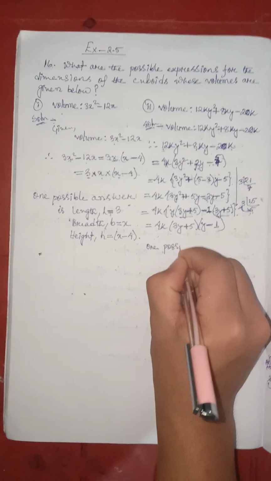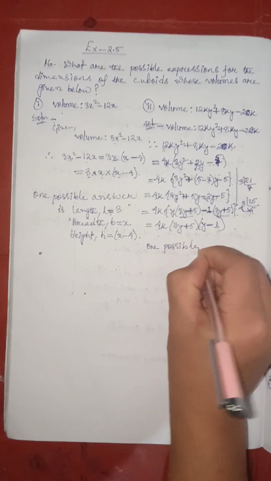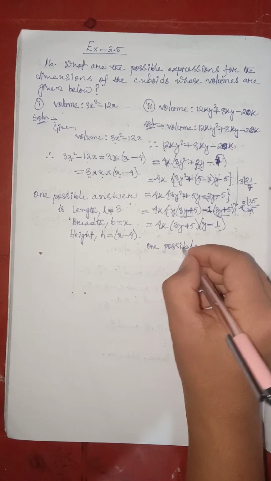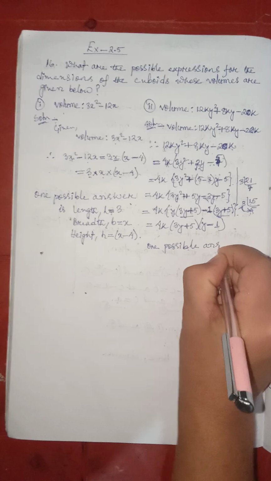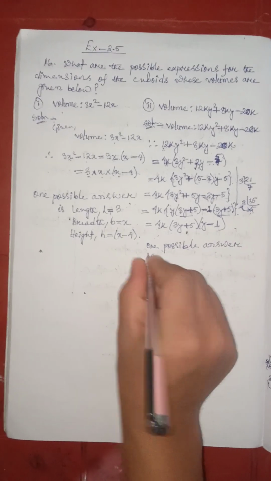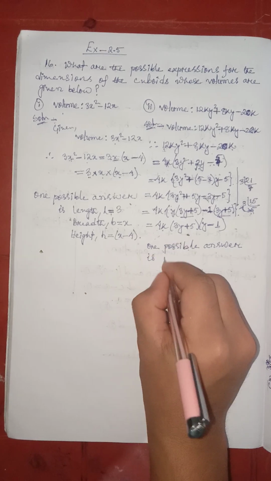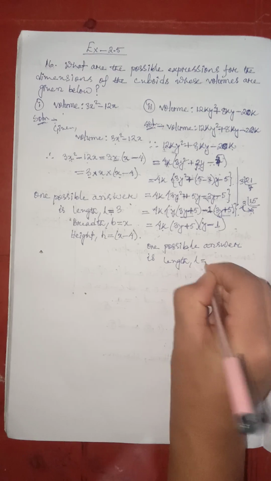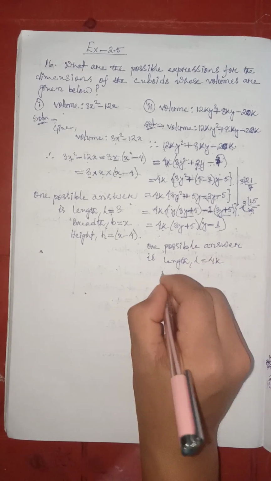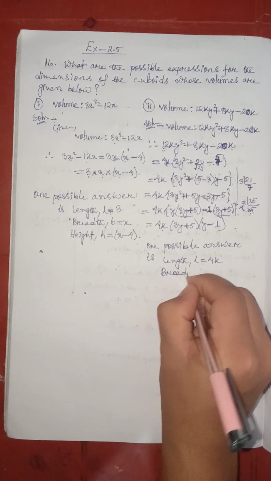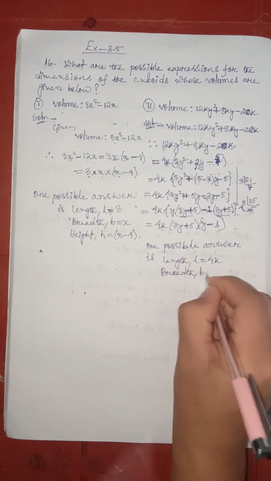The question asks for one possible expression. Here we have to write one possible answer. What is that? Length is how much? It is 4k. And breadth, what is that?